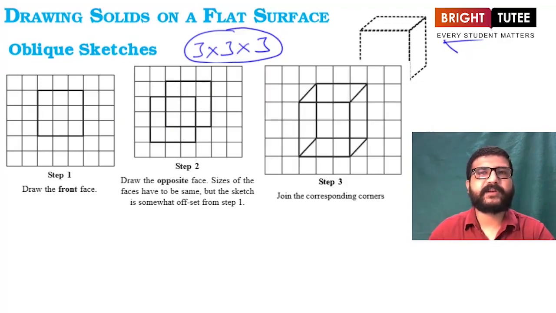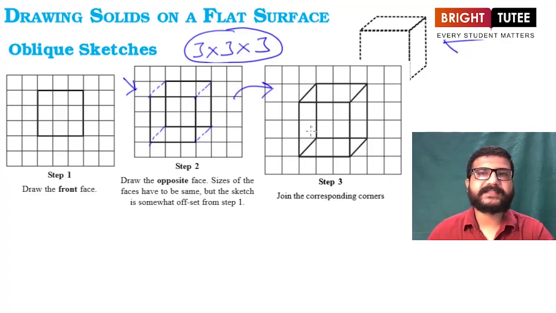Now in the next step we are going to join their corresponding corners. In step 3 we just joined these corners like this, as it is done in step 2 with these dotted lines. The same thing we are doing in step 3. Now by doing this we will get this cube.